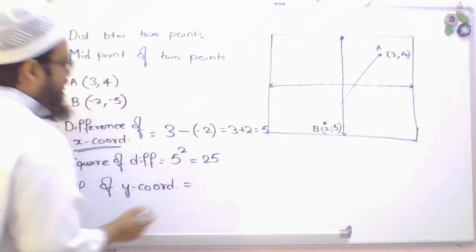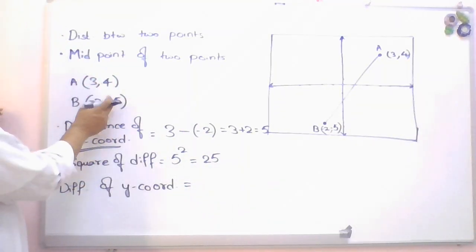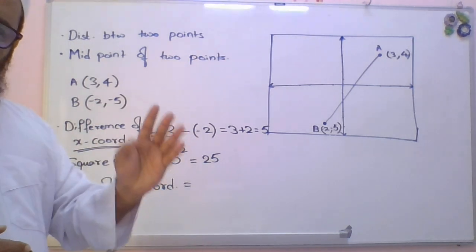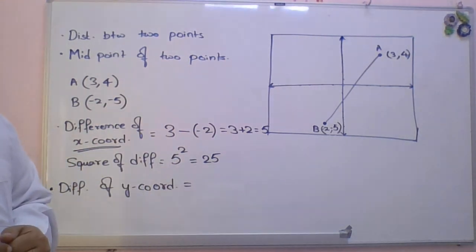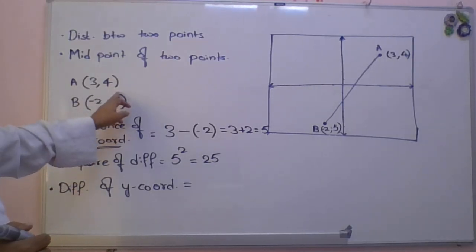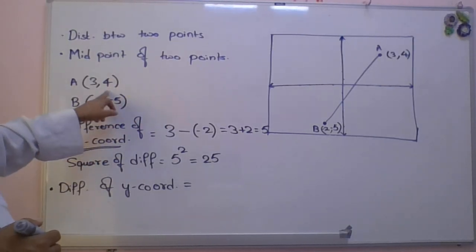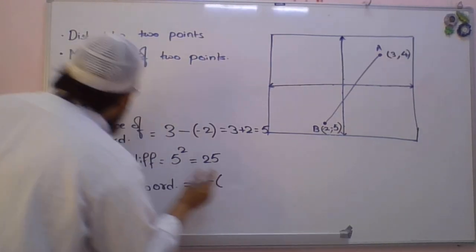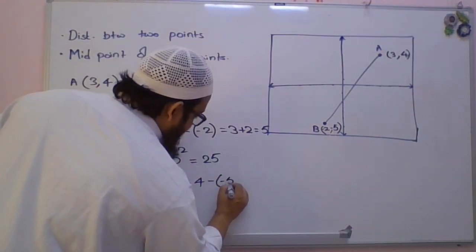Now the difference of y coordinates. My dear, when I have taken 4 and minus 5, which is bigger? Is it 4 or minus 5? Not minus 5, because it is negative. A negative number is always smaller than a positive number. So 4 is greater. Let us take 4 minus of minus 5.